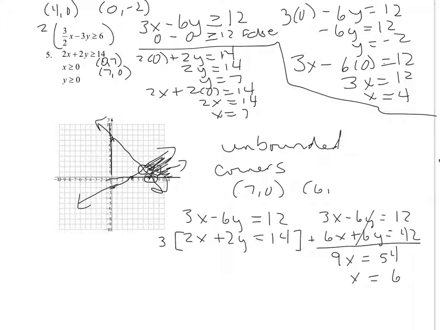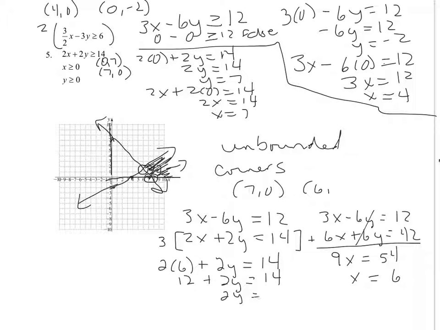Now I'm not done. I have to get the y-coordinate. In order to find the y-coordinate, I'll need to plug this x value back into one of these two equations. If I go to the 2x plus 2y equals 14, I'll have 2 times 6 plus 2y equals 14. So 12 plus 2y equals 14.